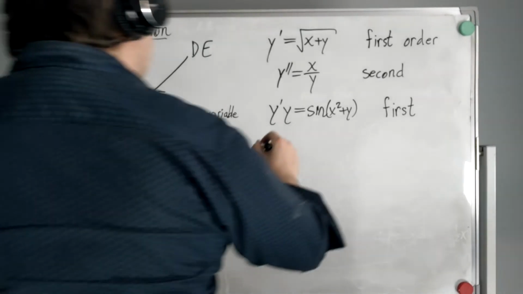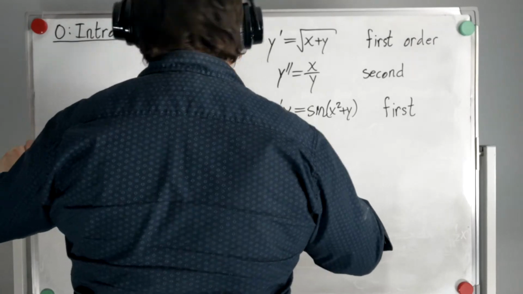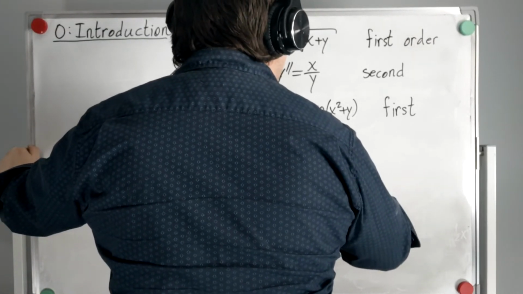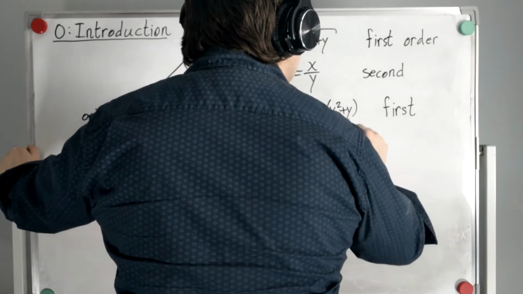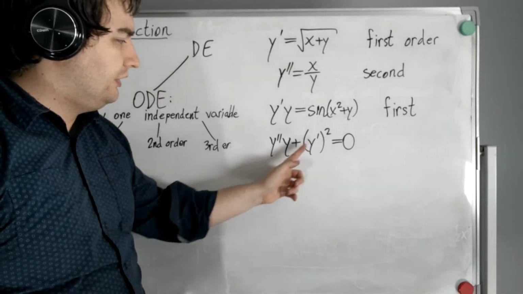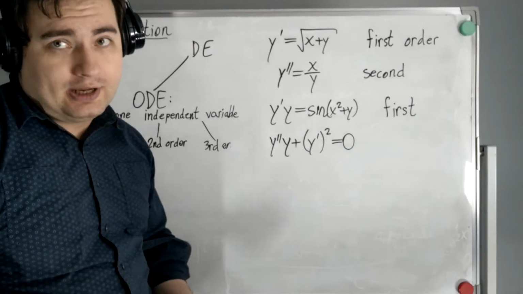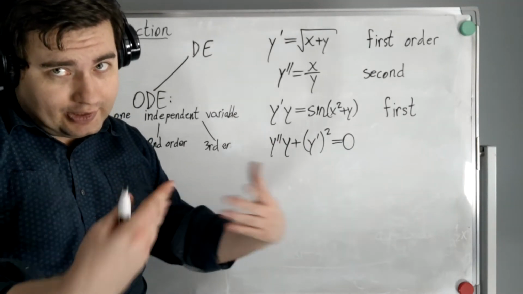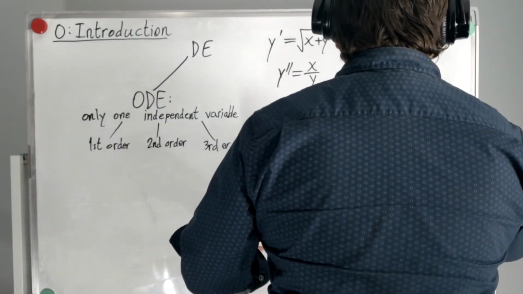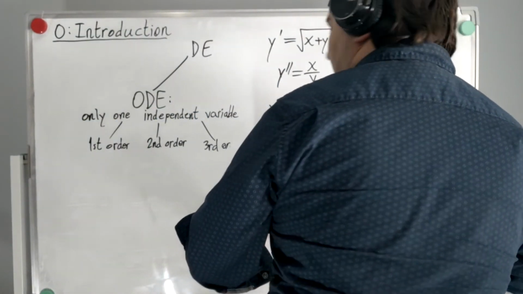You could have something like y prime prime times y plus y prime squared equals 0. All right, now you're taking the first derivative and the second derivative, but the highest of those two is the second derivative. So the order here is it's a second order equation.